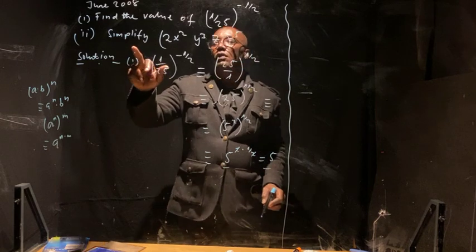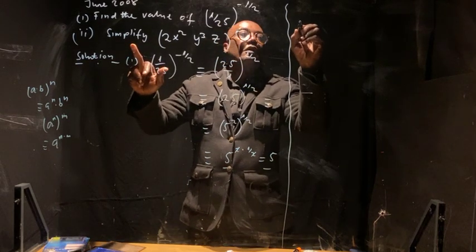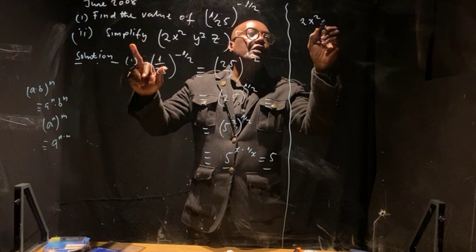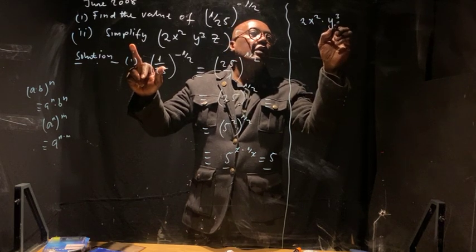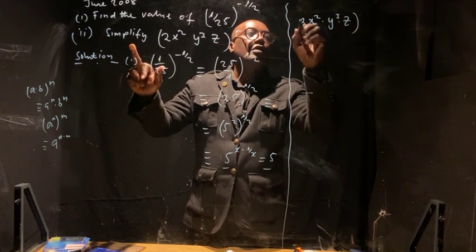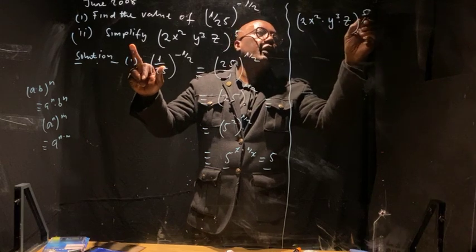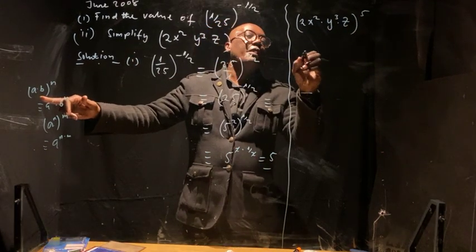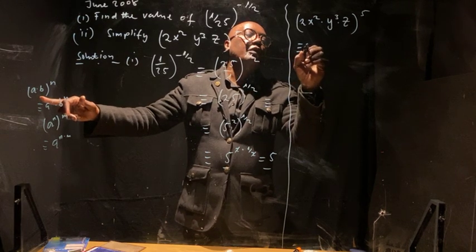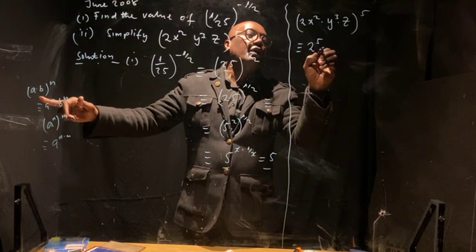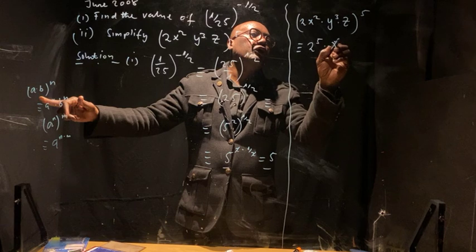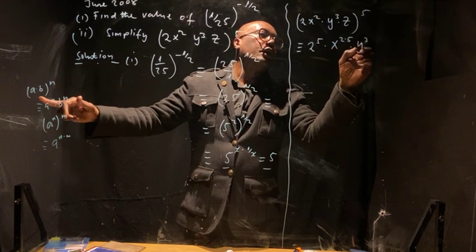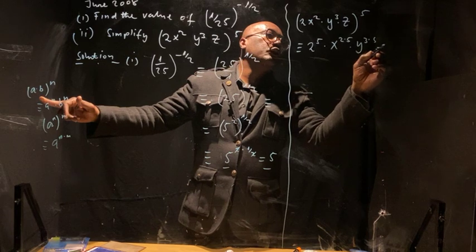Yeah, the second one says 2x squared multiplied by y cubed multiplied by z, all raised to the power 5. Remember, that was law 4. Applying law 4, it becomes 2 raised to the power 5 times x raised to the power 2 times 5, times y raised to the power 3 times 5, times z raised to the power 5.